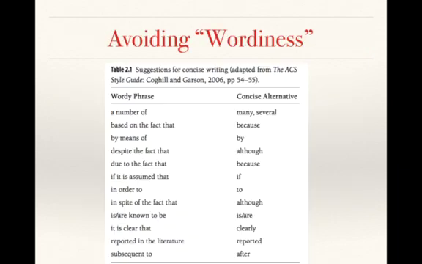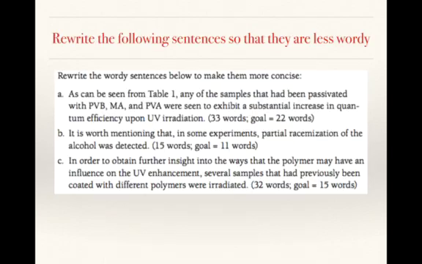In the ACS style guide, you can see some alternatives to phrases that you might not think are wordy, but unfortunately they are, and it is suggested that we don't use them as much and use the concise alternative instead. Let's move on to rewrite the following sentences so that they are less wordy.